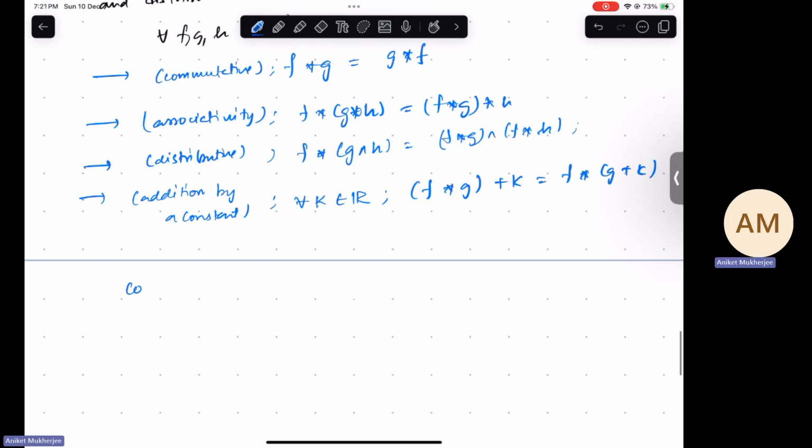Okay, the commutative property we can get from the definition of convolution.